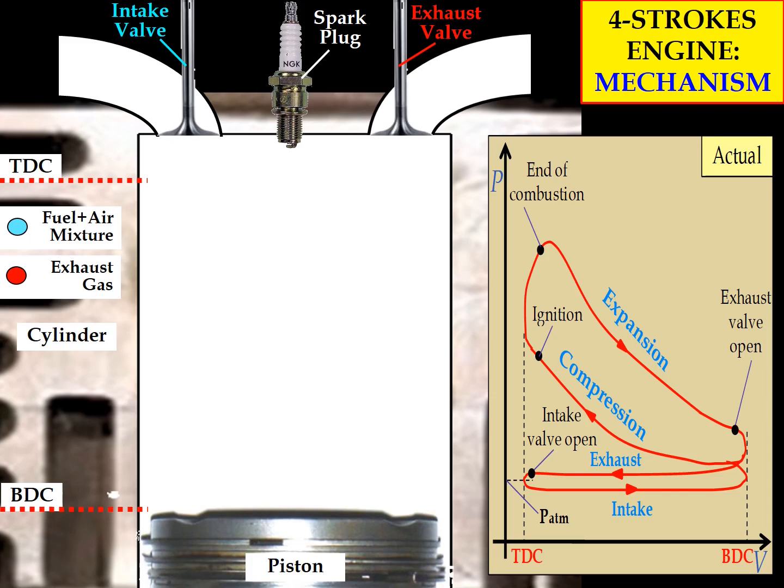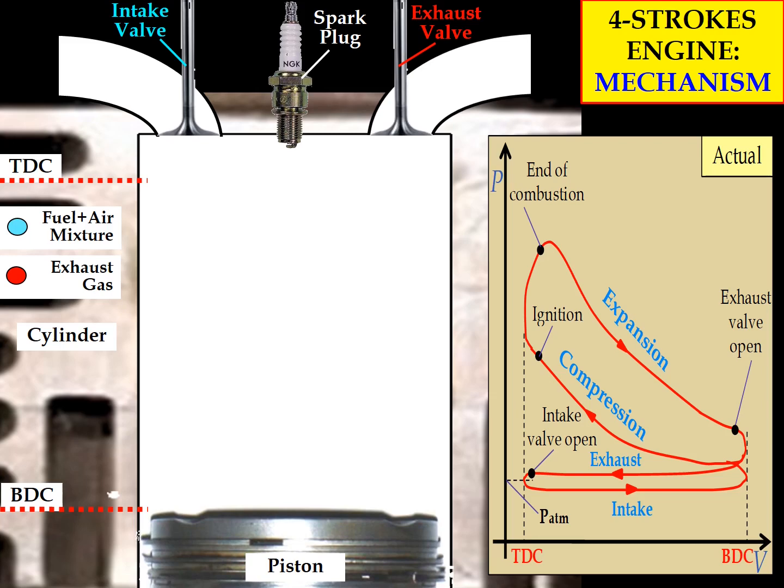In the PV diagram, there are also a few important points, such as the intake valve open point, exhaust valve open point, the ignition point, and the end of combustion point. If you look near the exhaust process and intake process, we have a line that indicates the value of atmospheric pressure.